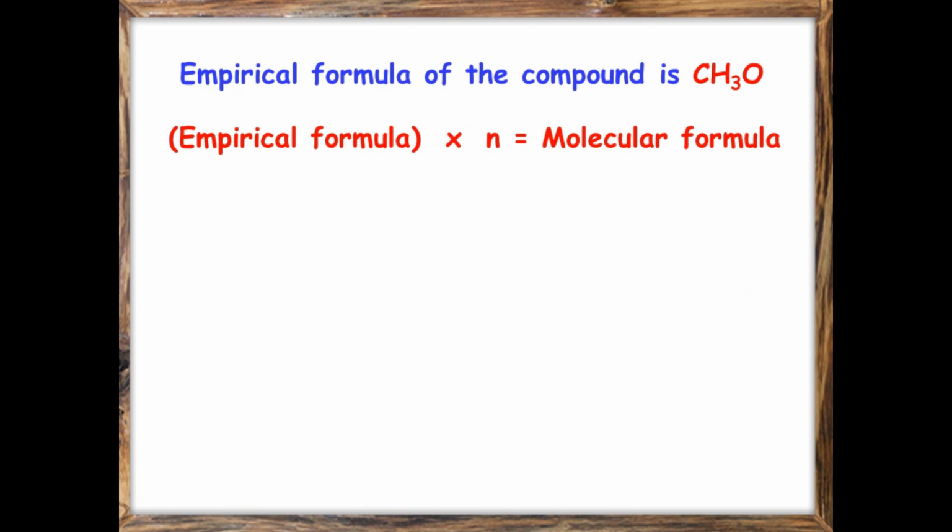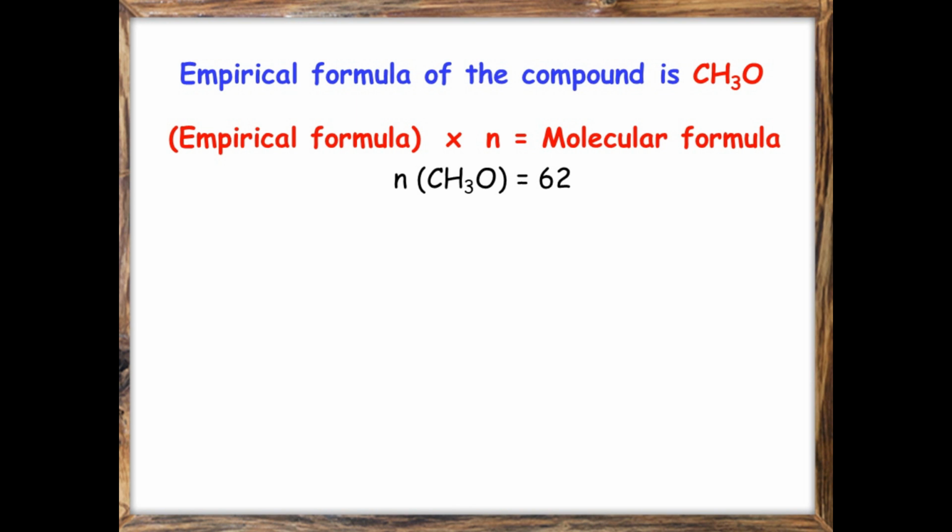To determine the molecular formula, we will use the formula empirical formula multiplied with N equal to molecular formula. N multiplied with the empirical formula CH3O equal to 62. 62 is the relative molecular mass given from the question.